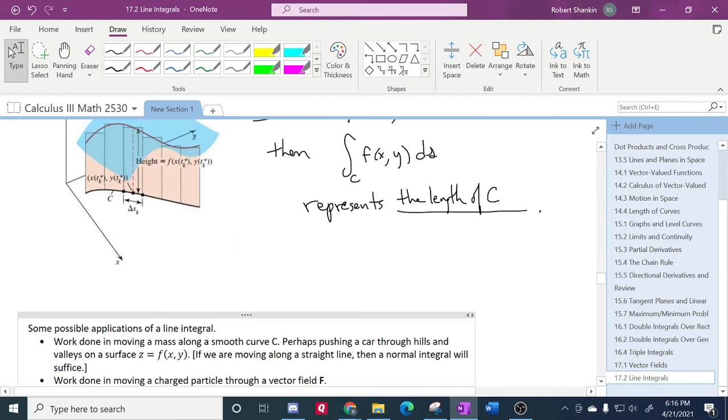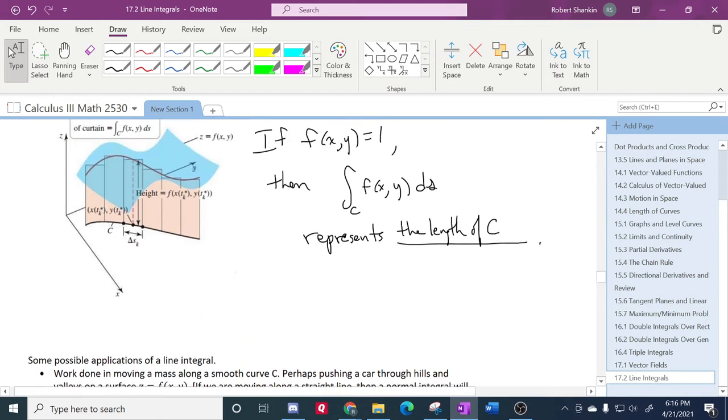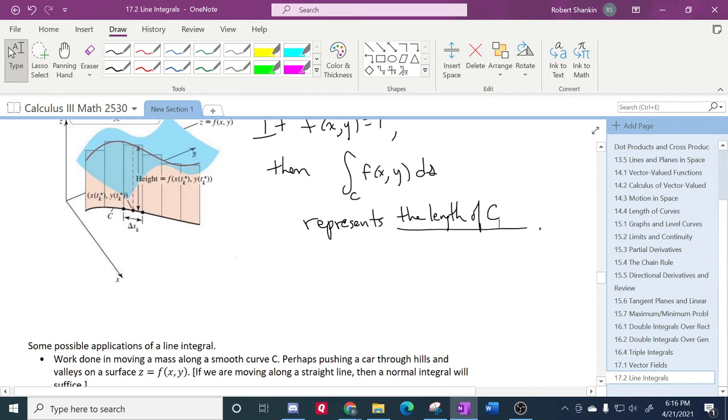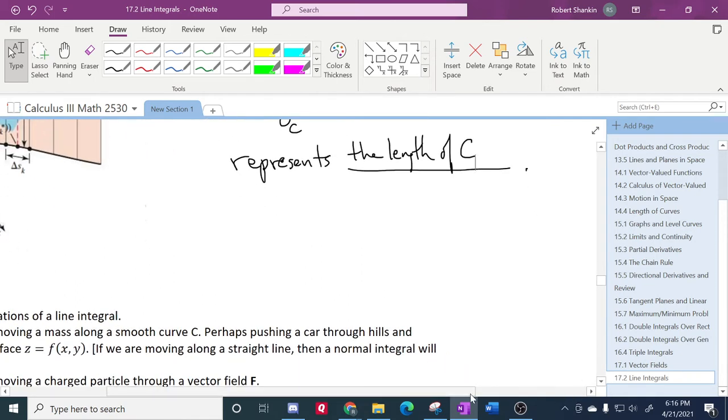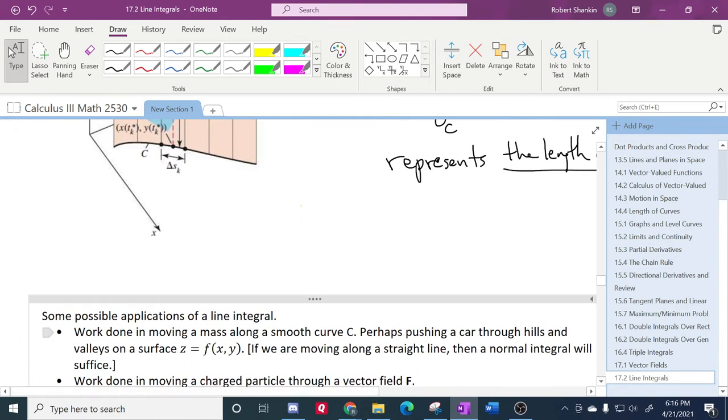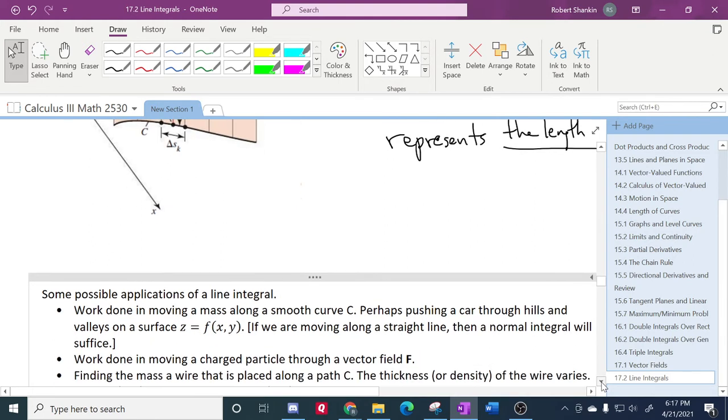All right, another application. The work done in moving a charged particle through a vector field F. So you might have a vector field F that gives a lot of resistance in some places and very little resistance in other places, and you're moving this charged particle there, and how much work is done.